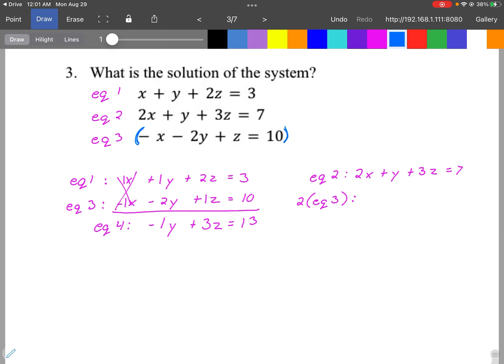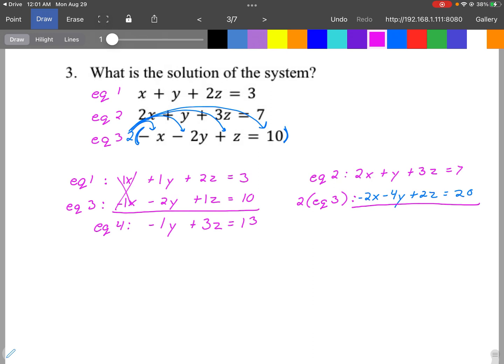If I multiply equation 3 by 2, so multiply everything, then that's going to give us a negative 2x. That's going to give me a negative 4y. It's going to give me a positive 2z equals a positive 20.